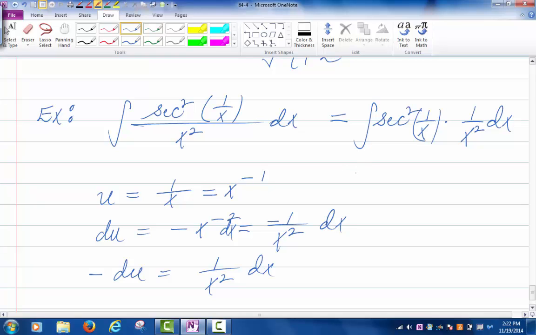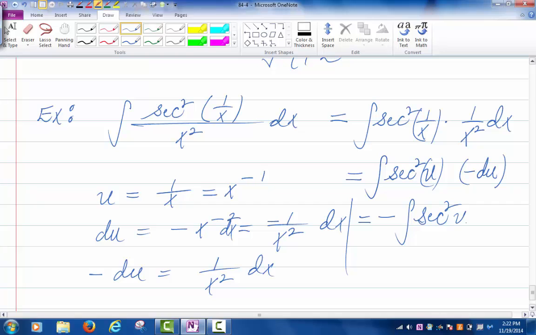And now I can make the substitution. So this would be secant squared of u, right? And then what is 1 over x squared dx? That's negative du, right? And we can take that negative outside of the integral, and I get secant squared of u du.